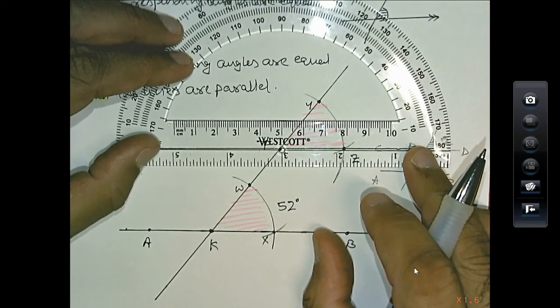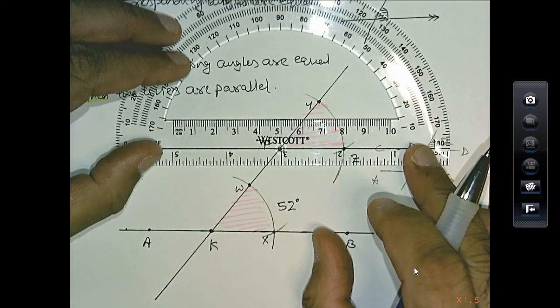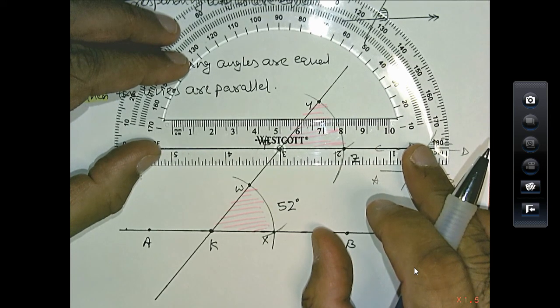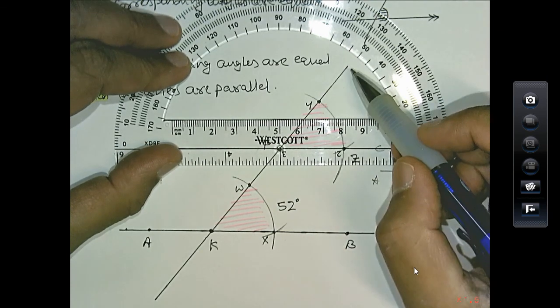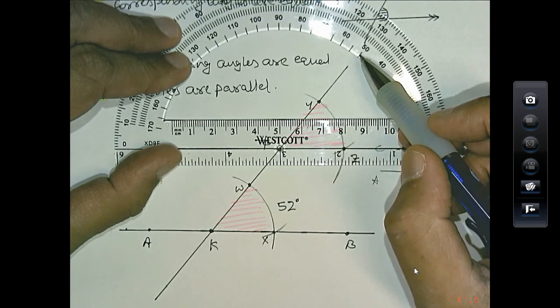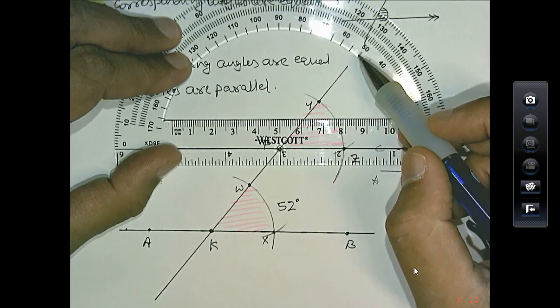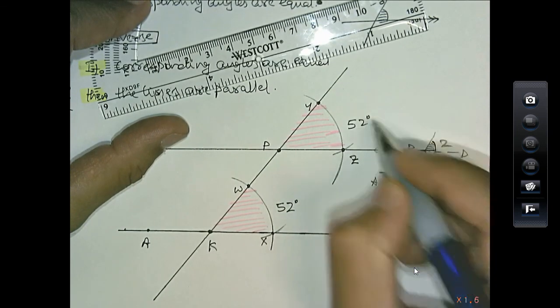Next, let me place this one here carefully, and the right vertex. Okay. Well, here, I'm sure if I extend this one, this is going to be a little over 50 degrees. If you want, you can take a straight edge and you can extend and you can check it. So this is also 52 degrees.